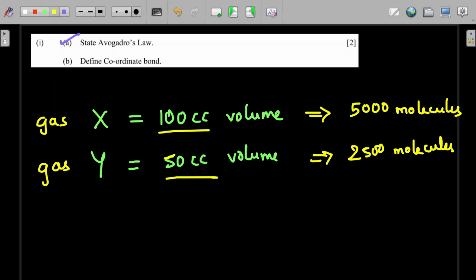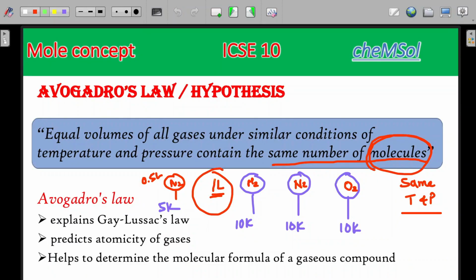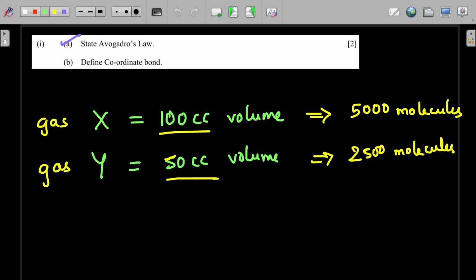Here, nothing related with reactions for Avogadro's law. Avogadro's law will simply compare the number of molecules with the volumes of the gases. That's it. Same number of molecules when you take equal volumes. Or remember, same volume, same number of molecules. That will work.